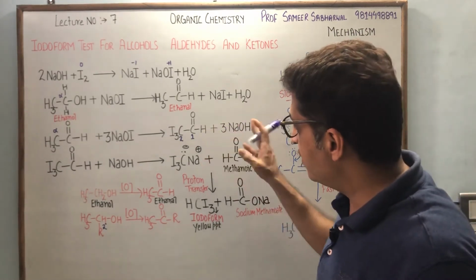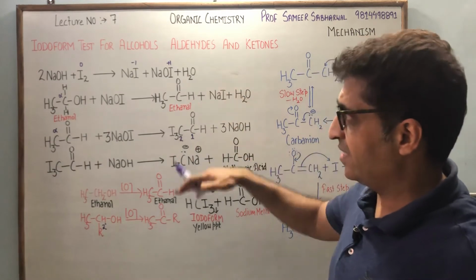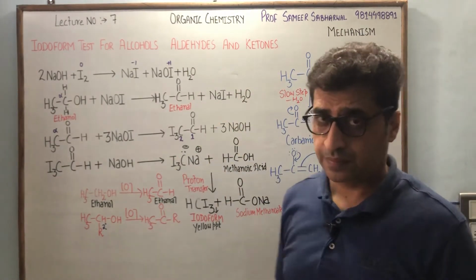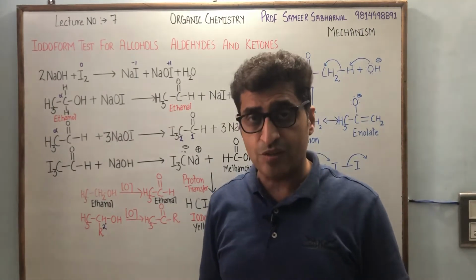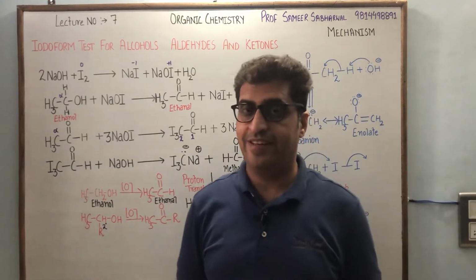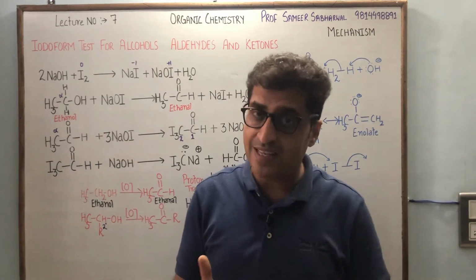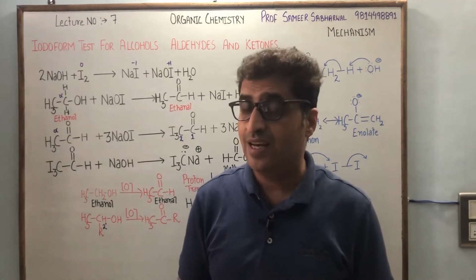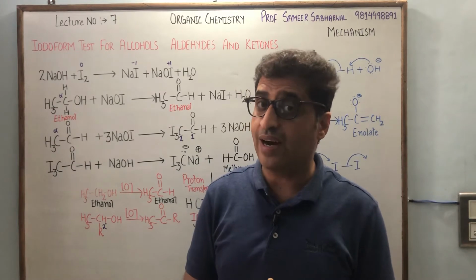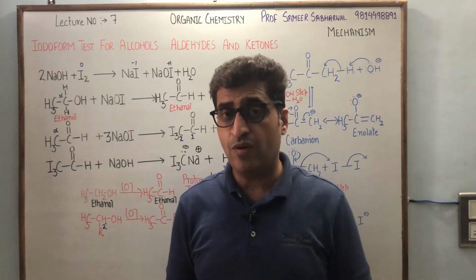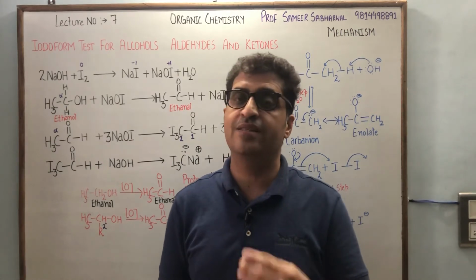We treat it with the base. So here I am talking about a base catalyzed process. This reaction is also catalyzed by acid, a very important part. So the reaction is base catalyzed as well as acid catalyzed, but we won't get iodoform in the acid catalyzed reaction. We get iodoform only in the base catalyzed process.